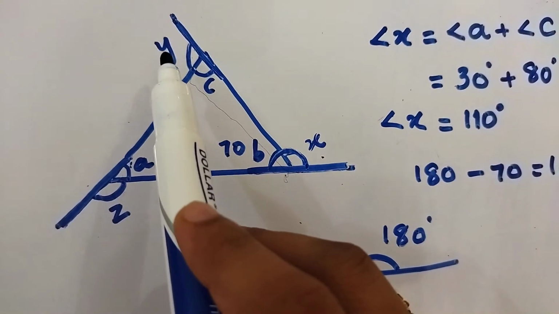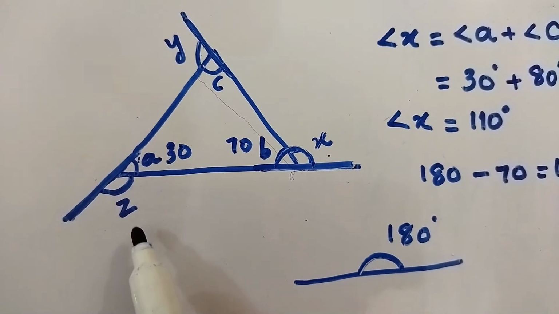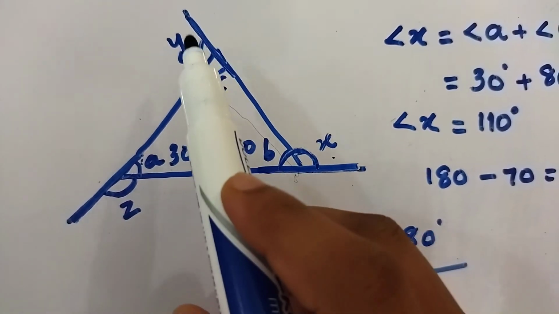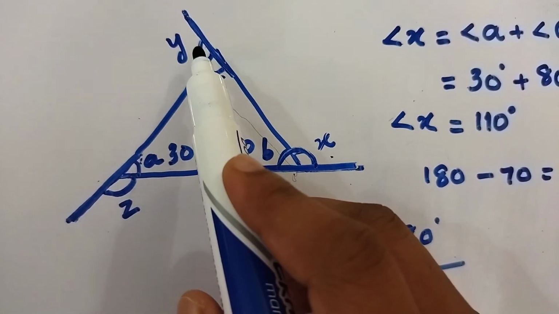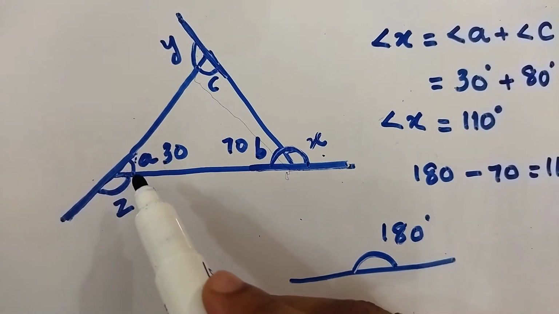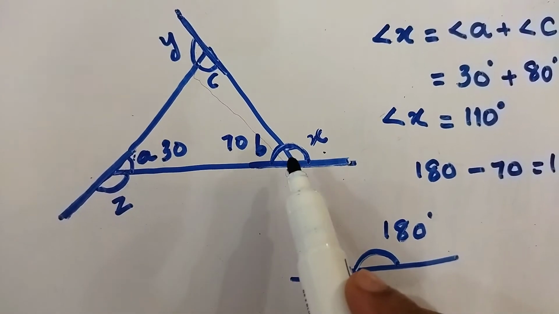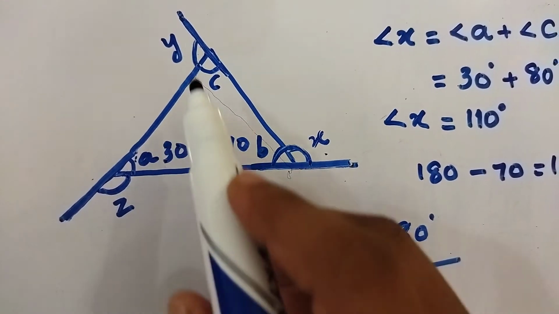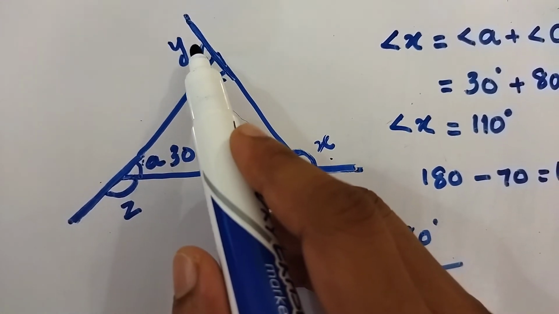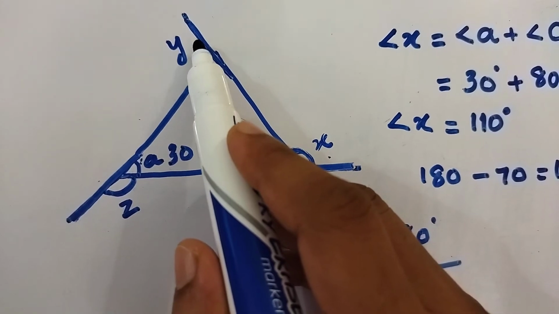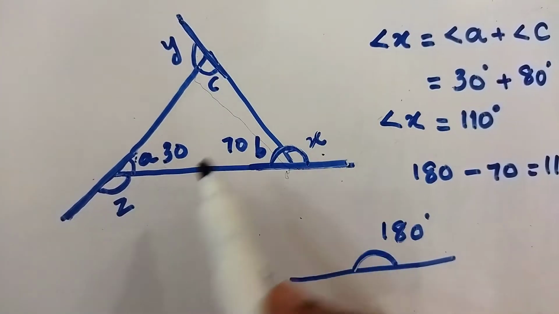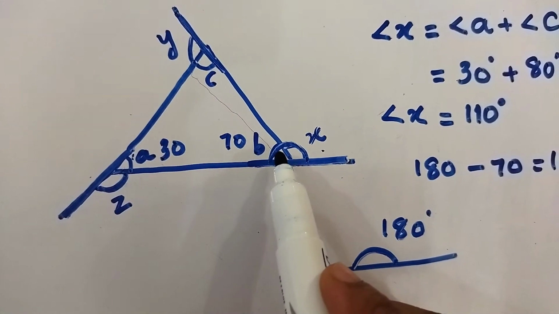Similarly, we have angle Y and angle Z. We can find out the value of angle Y with the help of these opposite interior angles, that is angle A and angle B. Again I repeat, the value of Y, which is exterior, is equal to the opposite interior angles.